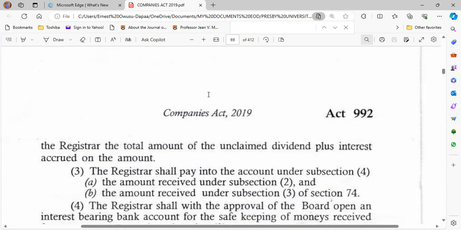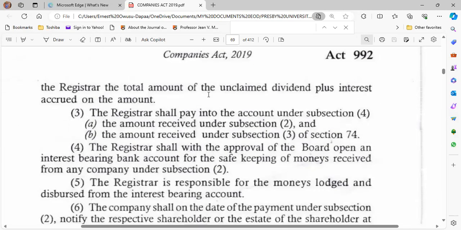If the shareholder does not come forward and claim it, then the new law, that is Act 992, is saying that the company should not keep the unclaimed dividend, which has yielded a bit of interest, in its funds. It should hand it over to the registrar of companies together with the interest.